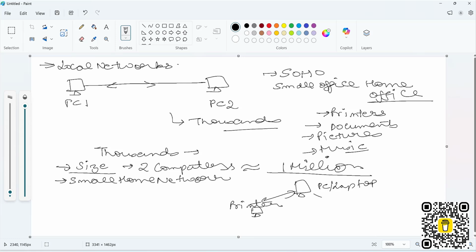Let's suppose you have one more PC as well, which is connected to this network. This PC can also give commands to the printer. Nowadays you would have other equipment as well, like a smart TV in your home. It can also be connected to your network.